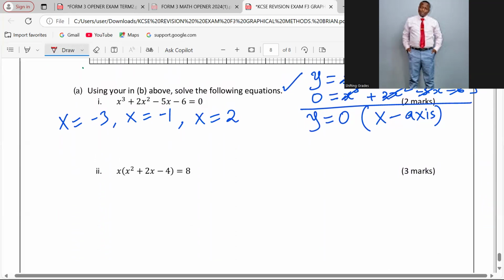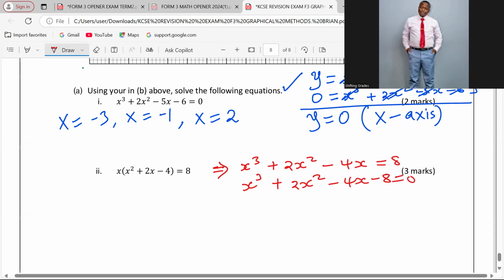We can first expand and have x power 3 plus 2x squared minus 4x equivalent to 8. So we can have x power 3 plus 2x squared minus 4x minus 8 equals to 0.